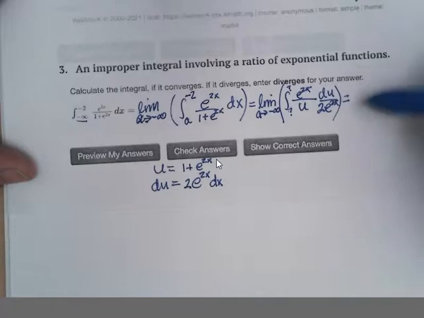So if I integrate 1 over u, I'm going to get ln u.